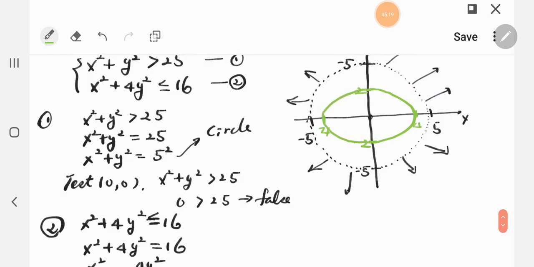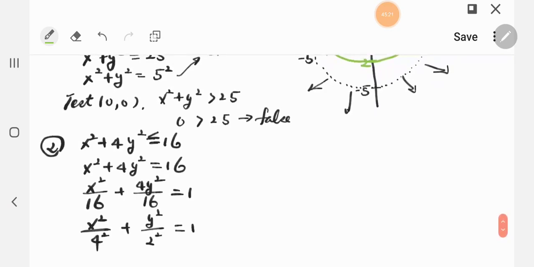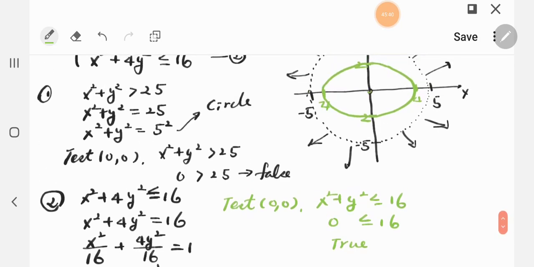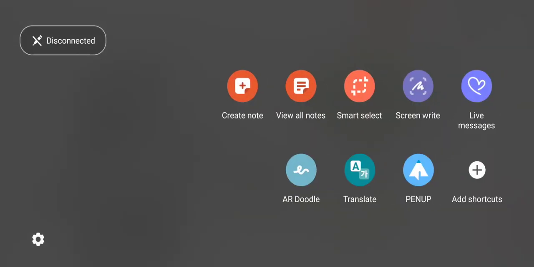Like this. Okay, then let's test the point. Let's test 0, 0. Then x squared plus y squared is less than or equal to 16. 0 is less than or equal to 16. So this is true. So we will select the area that contains 0, 0. So the solution will be inside the ellipse.